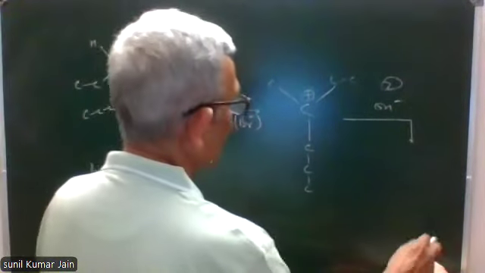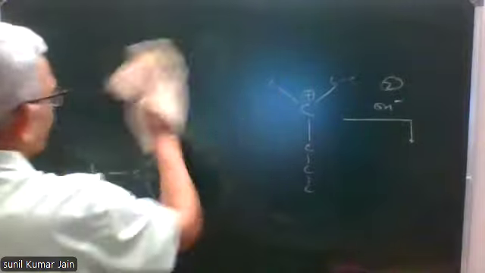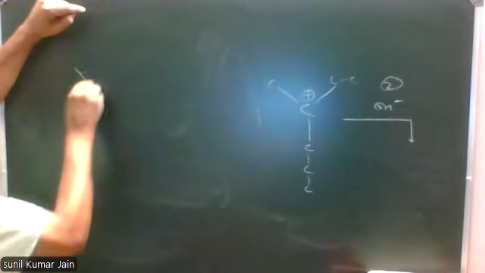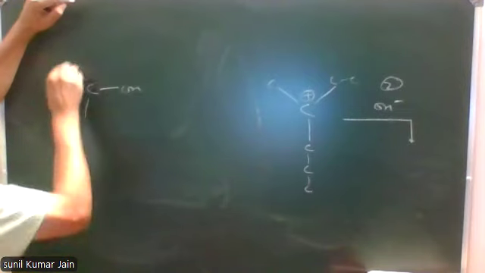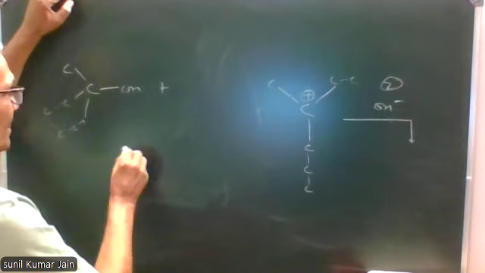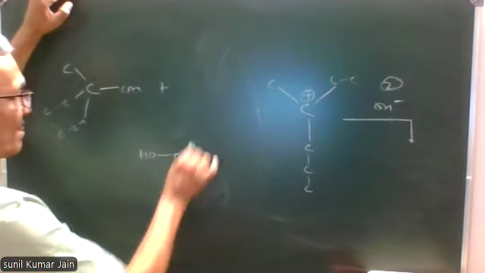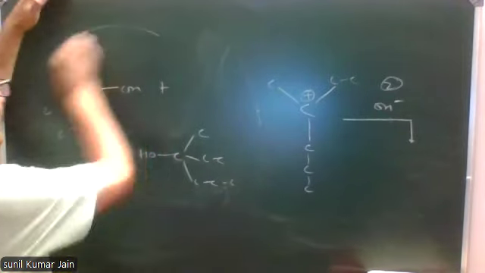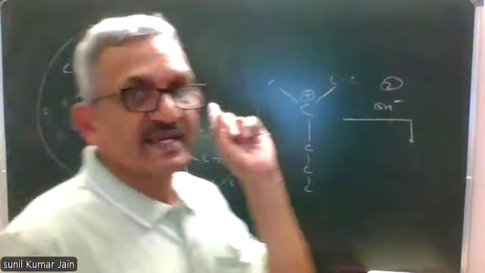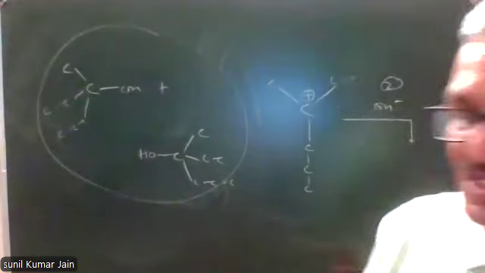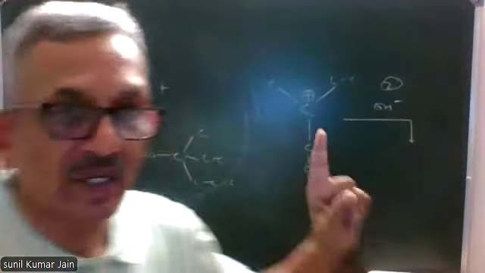How do we write the product? I'll write it here. This is the racemic mixture formed. So this is called racemization.